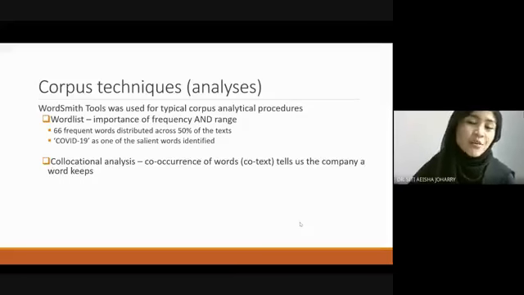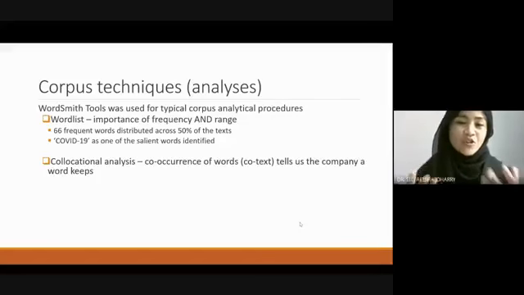In other words, it is called co-text. And it's always good to reflect on Bill Lowe's quote on the importance of knowing a word by looking at the company a word keeps. So that is pretty much what collocation is about, and we call that a collocate.